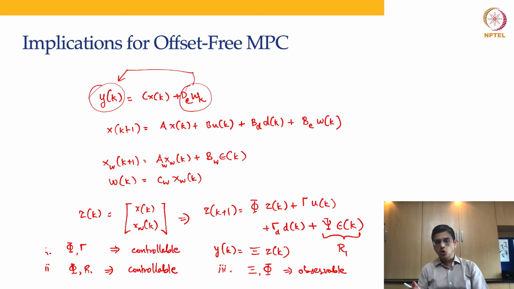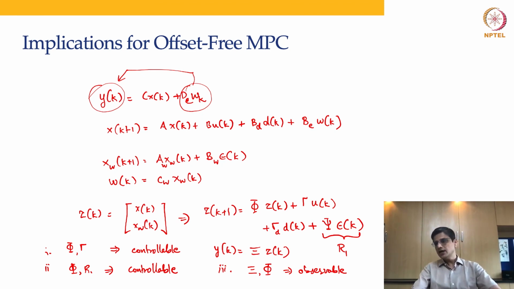Okay, so it means two things. It means that the integrating white noise that we have added should be able to affect the outputs directly or indirectly. The second thing is that the integrating white noise sequences, whose values we don't know, we should be able to estimate using the estimator of our choice. Okay, these are the conditions that you need in order to guarantee this.